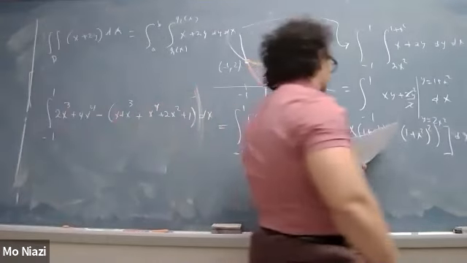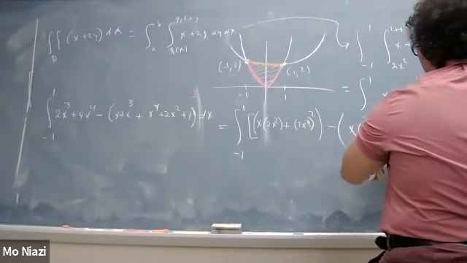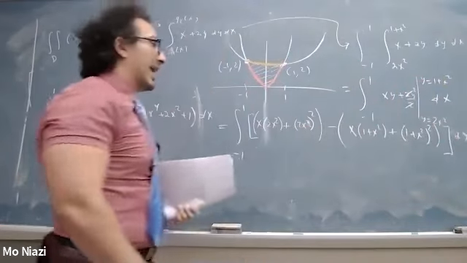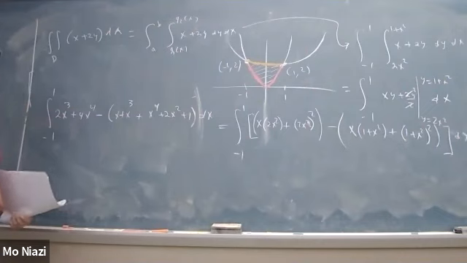Because this times this is x squared, this times that is x cubed, plus our factoring binomial 1 plus x squared, quantity squared. That gives me 1 plus 2x squared plus x to the 4th, everything dx.